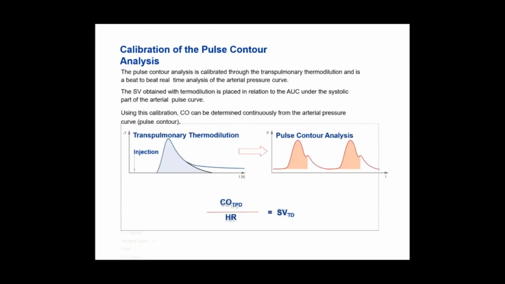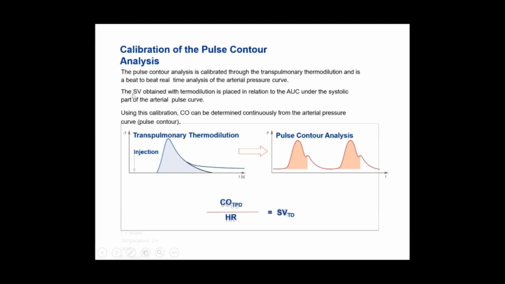So in this slide, we see the calibration of the pulse contour analysis. It is calibrated through the transpulmonary thermodilution and is a beat-to-beat real-time analysis of the arterial pressure curve. The SV obtained with the thermodilution is placed in relation to the AUC under the systolic part of the arterial pulse. This one is the systolic part.